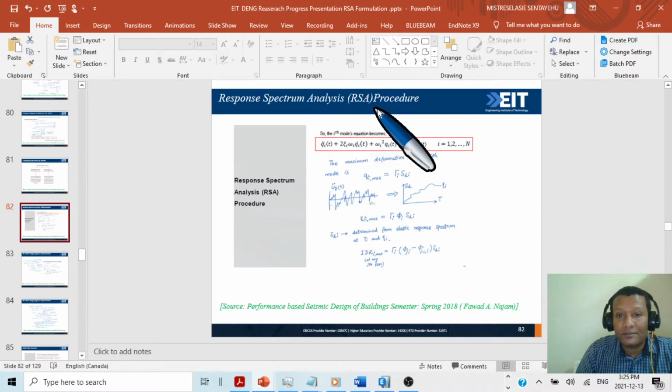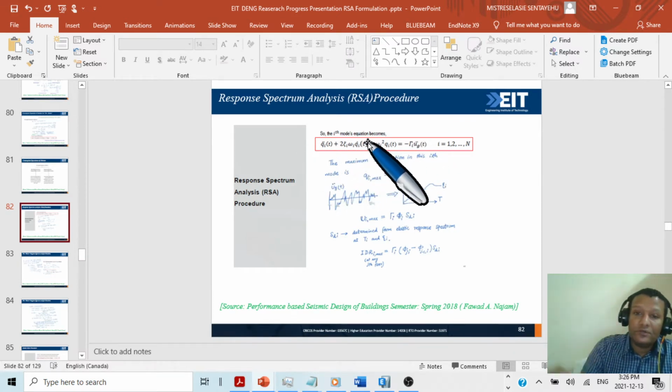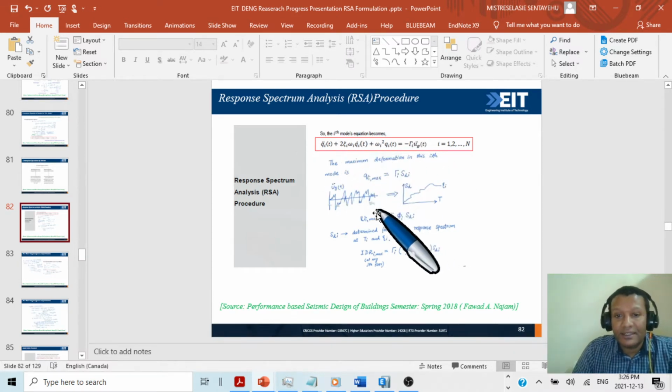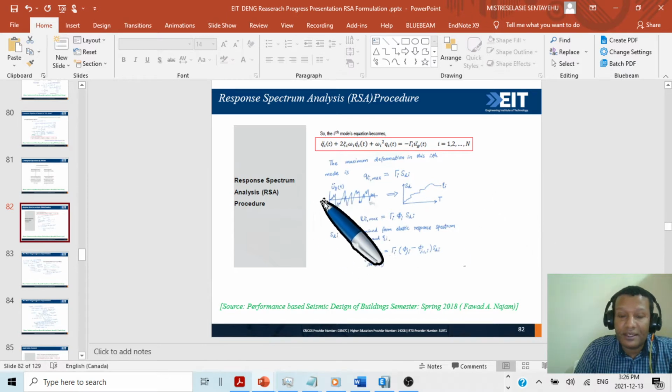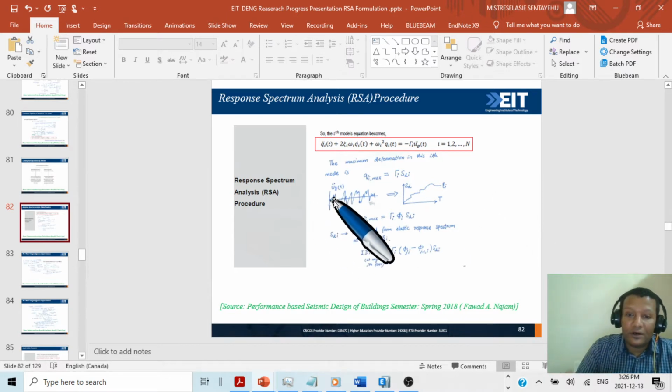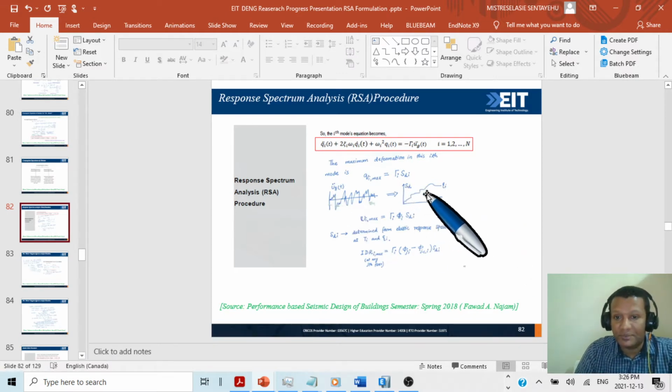In response spectrum analysis, as we discussed, for the i-th mode equation, no need to choose anything except the maximums, and as you can see, we have ug dot here. Then we have a single degree of freedom system, and we run our system for different time periods, pick the maximum deformation, and construct a spectral displacement.